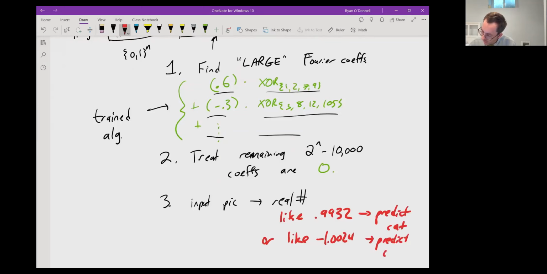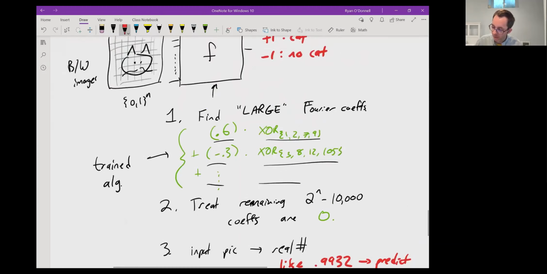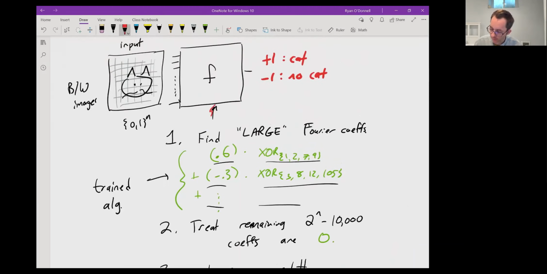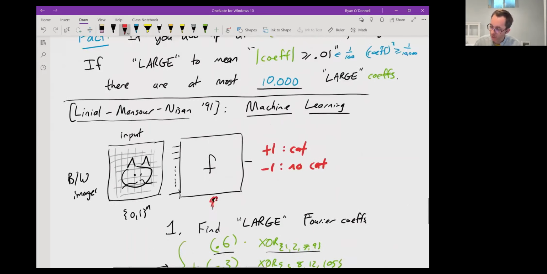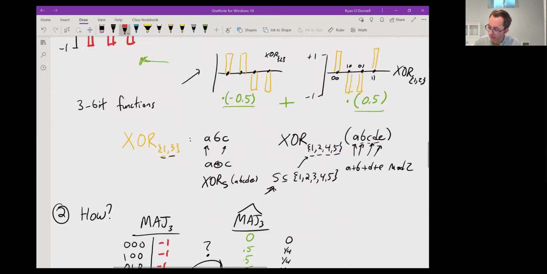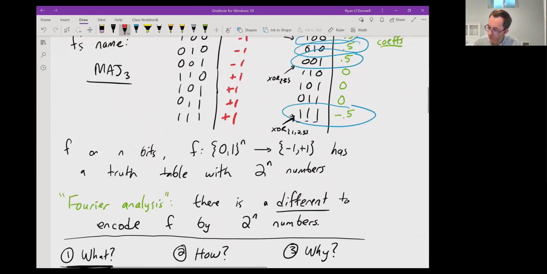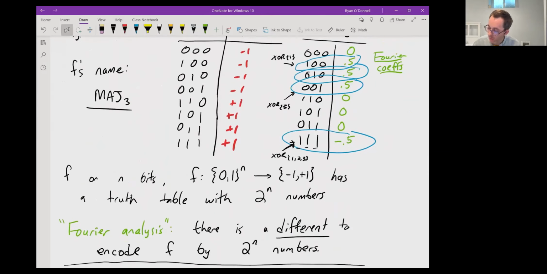And if you managed to get literally all the Fourier coefficients, you'd be recovering an exact representation of the function f, and you'd have a perfect predictor that always correctly output cat or no cat. But you're just hoping or banking on the fact that there are only a few important coefficients, and lots of coefficients are 0 or very small and not important.